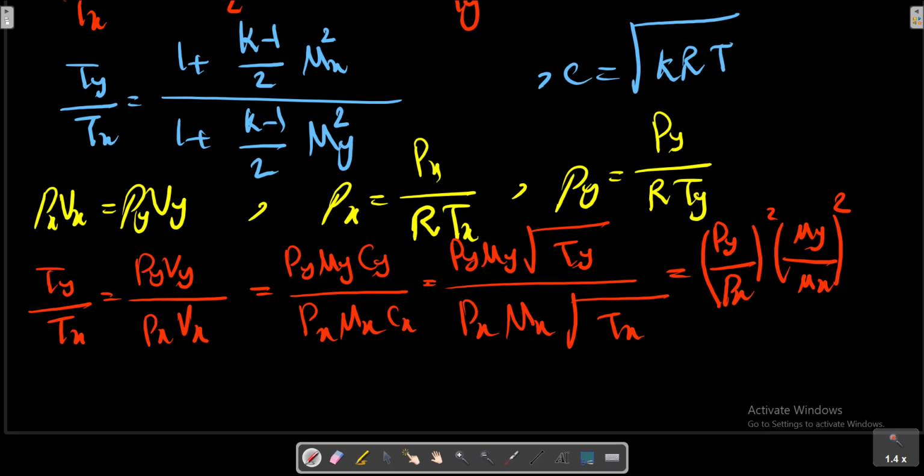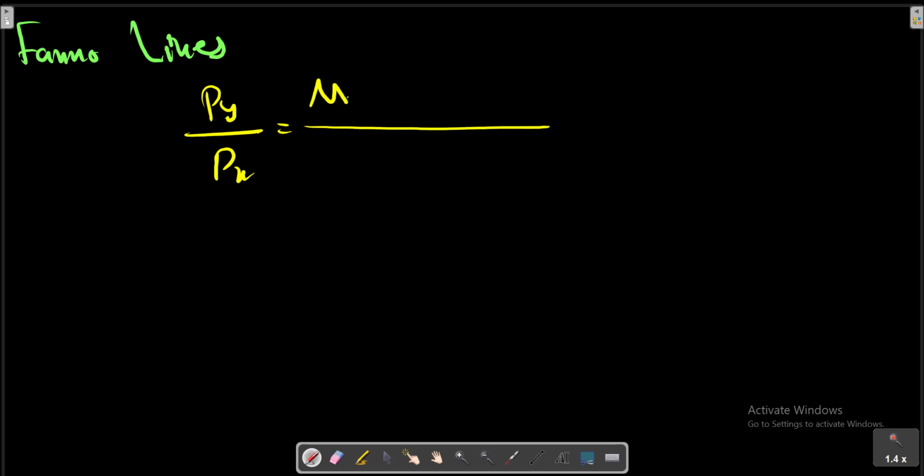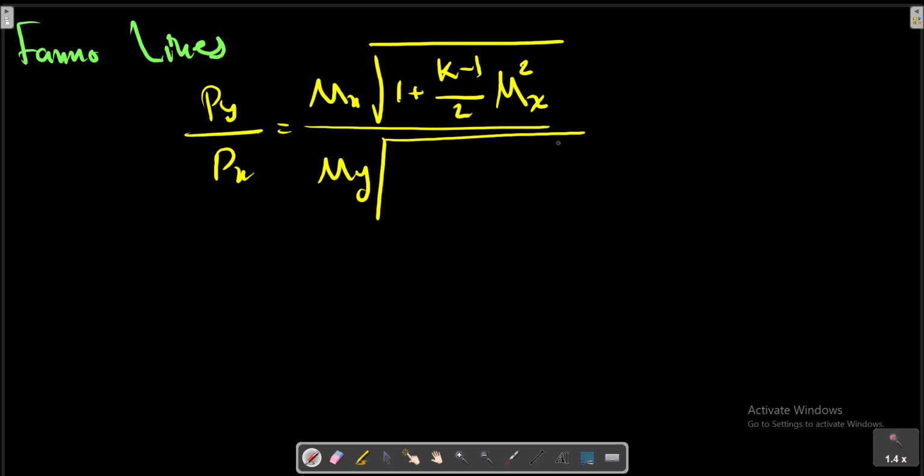Combining these equations as shown here, that is, combining the energy and continuity equations, we obtain the Fanno line relation for Py over Px in terms of Mx and My squared.